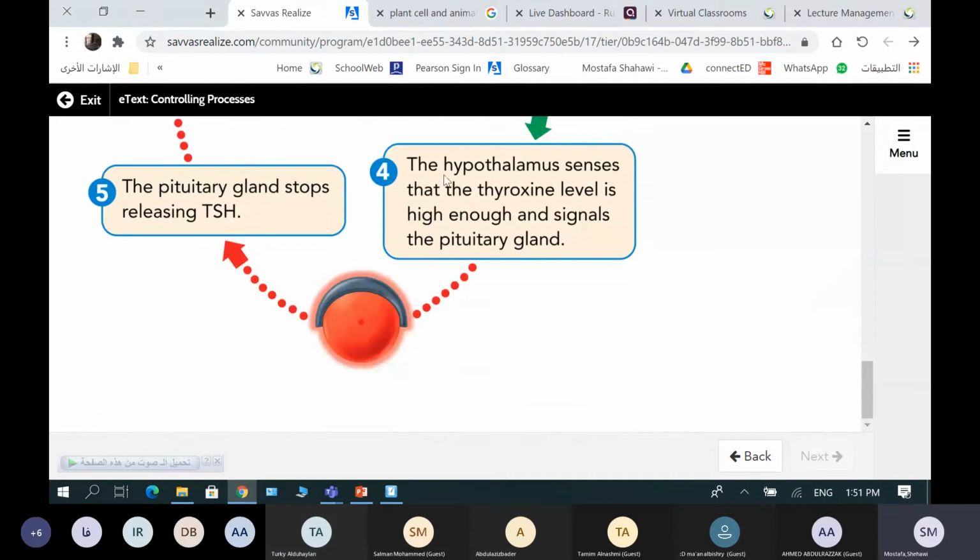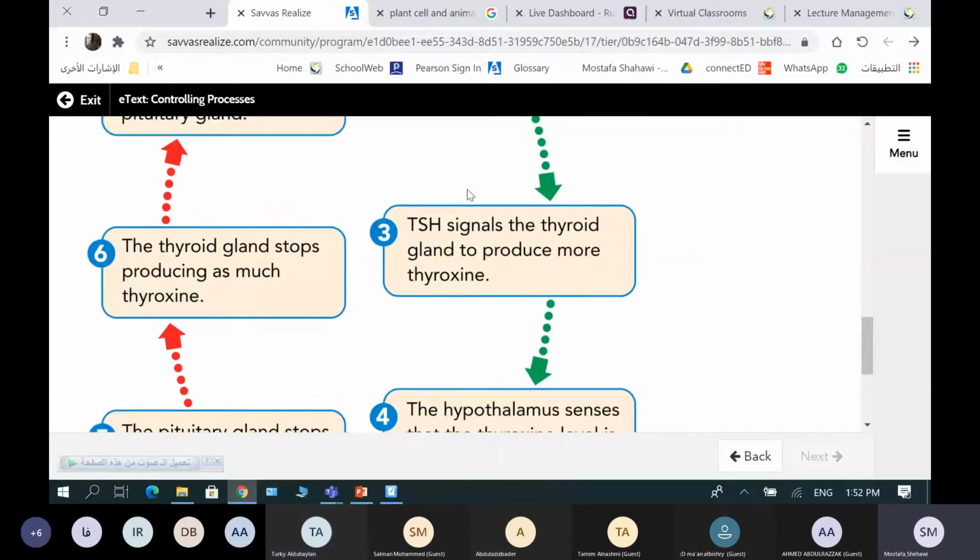And number four, what happens? The hypothalamus senses that the thyroxine level is high enough and signals the pituitary gland. Yes. So after producing TSH, the level of thyroxine will increase in the blood, because the thyroid gland starts to produce thyroxine.